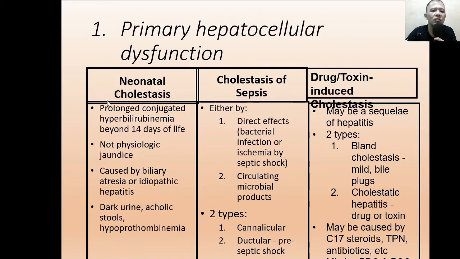So how do we explain neonatal cholestasis? Of course, you see it in the neonates, and retention of bilirubin, particularly conjugated bilirubin, is secondary to an inborn problem of the liver. The liver is not able to transport the conjugated bilirubin, thus the retention of the bilirubin.